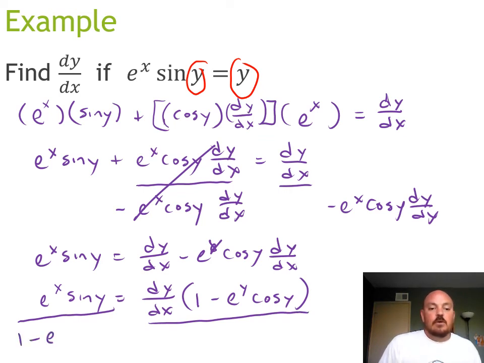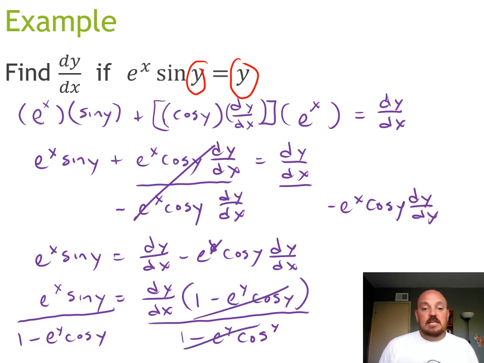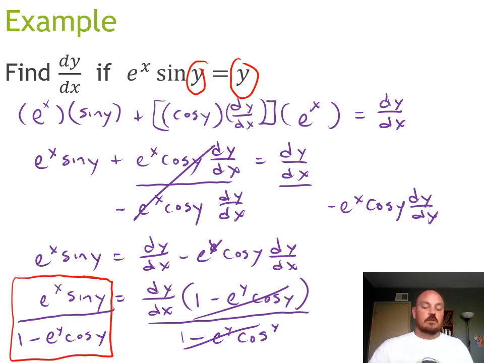So I'm going to divide by 1 minus e to the x cosine y, because when I do that, this whole thing just cancels out, and I'm left with dy dx. So this whole expression right here is the answer to the question. That's dy dx right there.